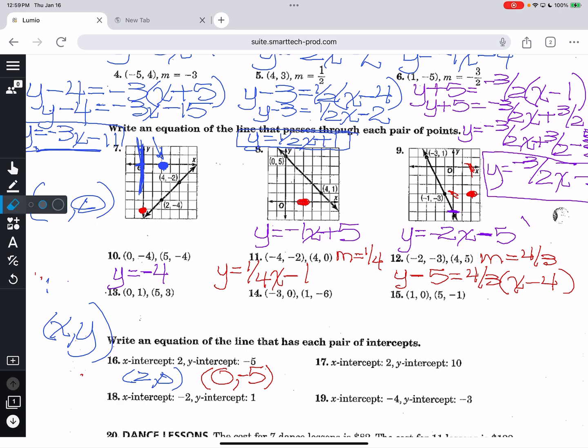For the x-axis, it's always the number first, because it's on the x-axis. On the y-axis, the number will come last, because it'll be in the y spot. And the 0 will be the other part, because it's on the axis. So what would the x-intercept ordered pair be for 17?